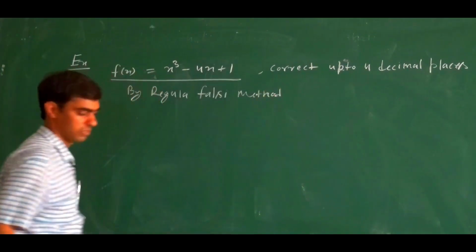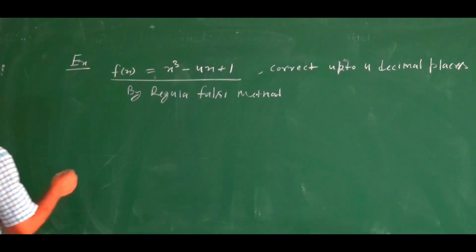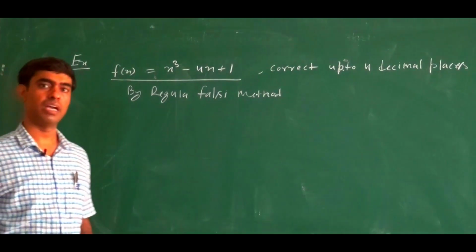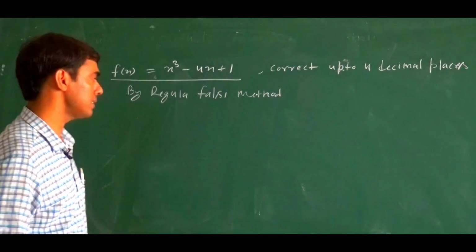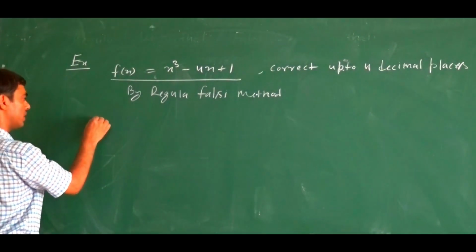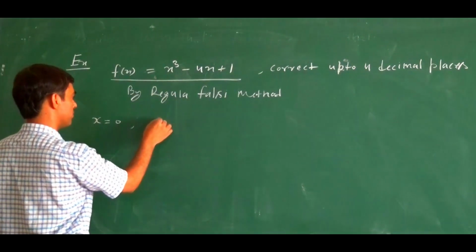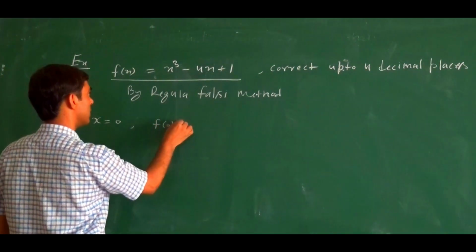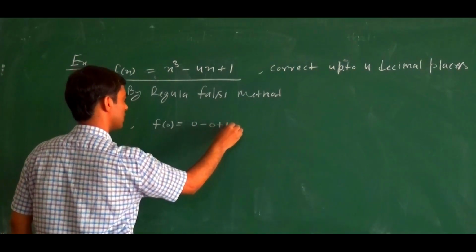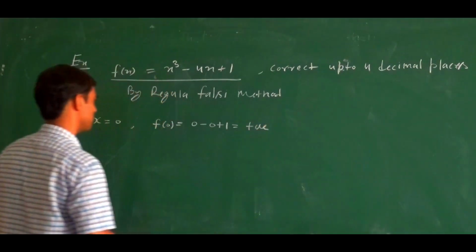As we know, this is also a bracketing method. So first we try to find a point where the value of the function is positive and another point where the value of the function is negative. So f of 0, suppose x equals 0. The value of f of 0 is 0 minus 0 plus 1, which is a positive value.